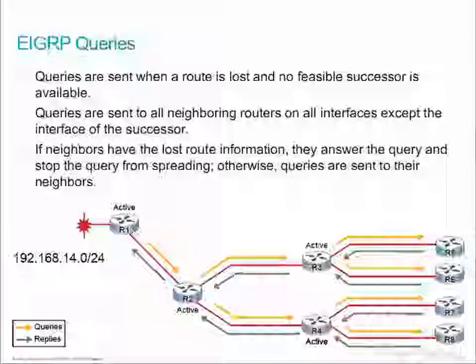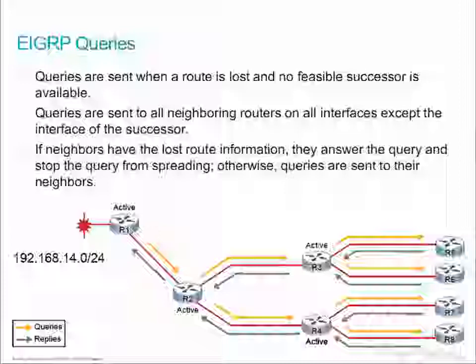And again, this is all based on the fact that we're dealing with a distance vector routing protocol. EIGRP is actually the only routing protocol that even includes the query process as part of the discussion. So queries are sent out whenever a route is lost and there's no feasible successor route. We send those queries out to our neighbors.